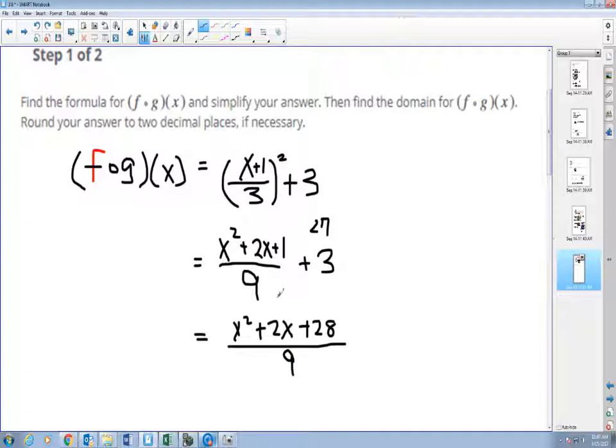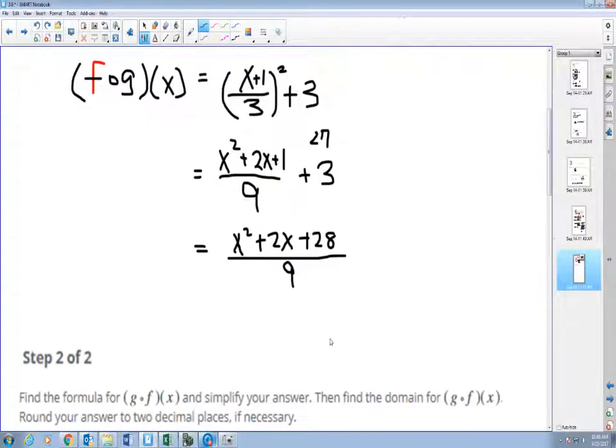Okay, the little ancient Chinese secret that I might have mentioned before. When you combine a whole number with a fraction, you can always use that same trick like you would to convert a mixed number to an improper fraction. 9 times 3, 27, to the numerator plus 27. That'll give me that 28 right there.